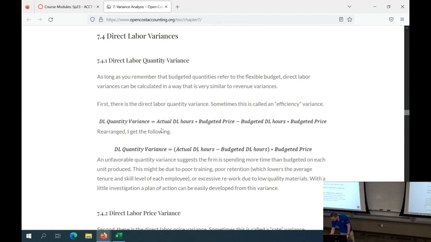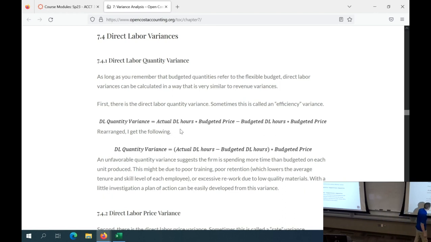And that is reflected here in the equation. So direct labor quantity variance, we have actual quantity of hours times the budgeted price. That's the rectangle there. I call it the quasi-budget in the diagram. And we have budgeted direct labor hours times budgeted price. So the expected hours times the expected price. So we've changed the hours, changed the quantity of our direct labor, in this case, so naturally, the output of that subtraction is going to be the quantity variance, because that's the lever we're pulling.